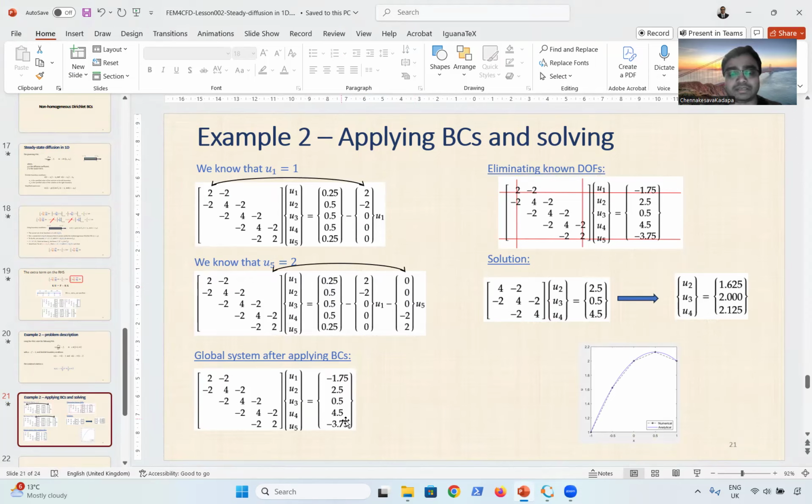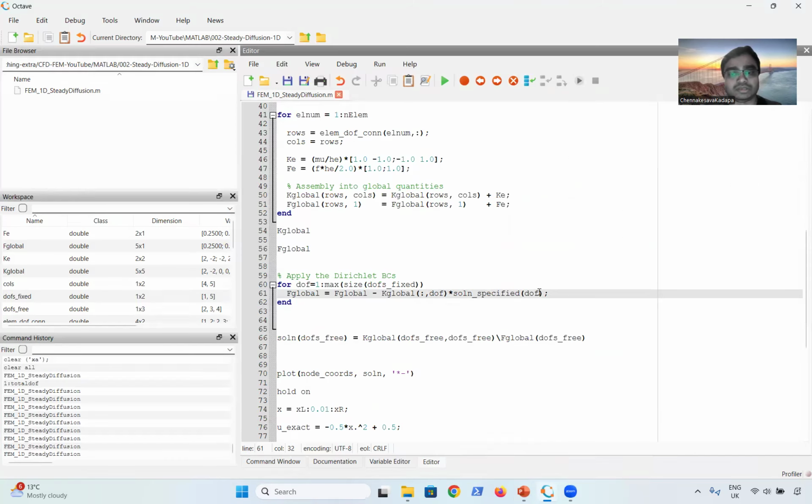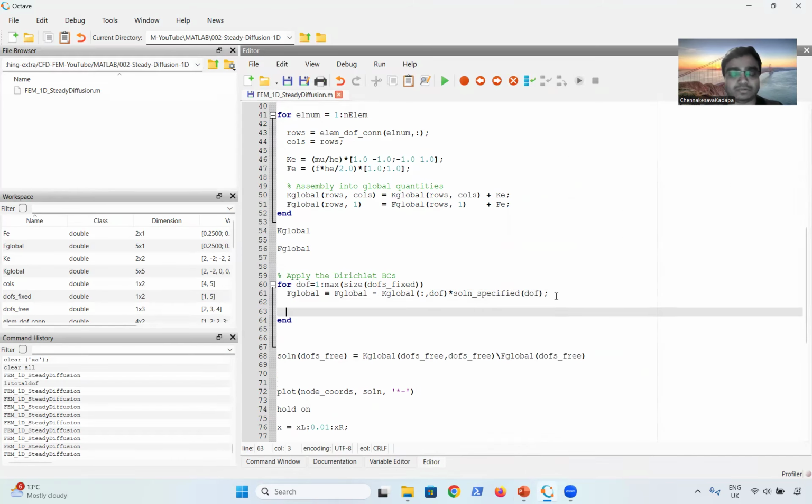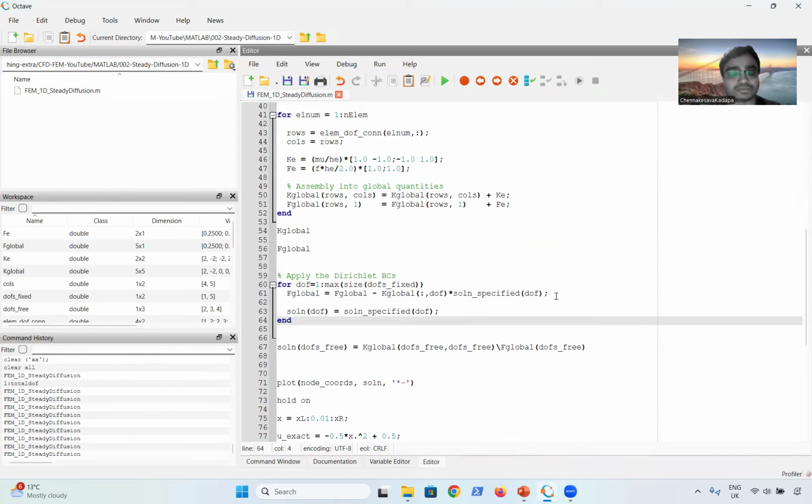So after the for loop, we should see these values in the global force vector. And while we are in this loop, we also populate the solution vector with this. For plotting, we need all the solutions. We need to have the correct ones.